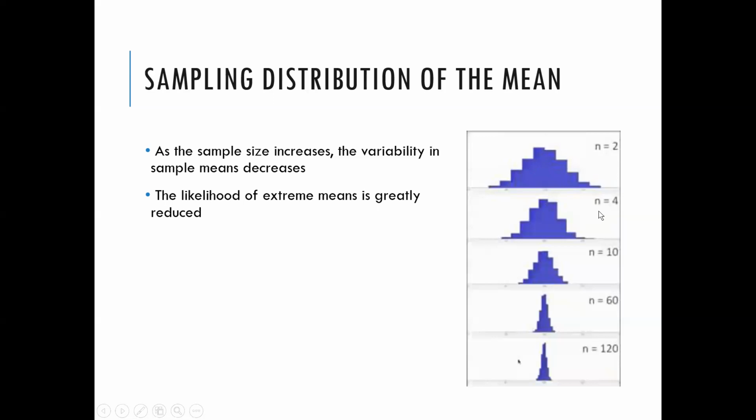But if we increase that sample size, all the way to a sample size of 120 people from that population of 1 million people, and we take the mean of each sample of 120 people and plot the means here, now you see that the variability is greatly reduced. You can't see it, but there still is a chance of values occurring out here, but the likelihood of that occurring is much, much rarer.